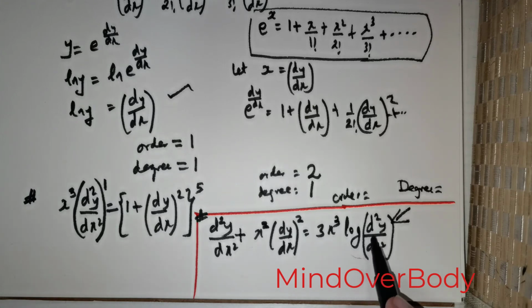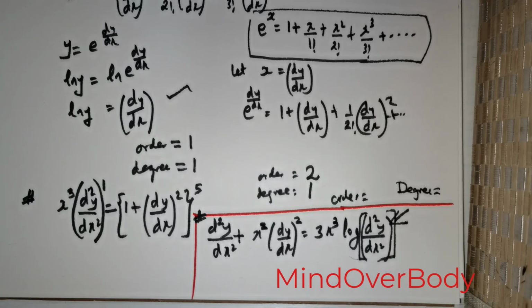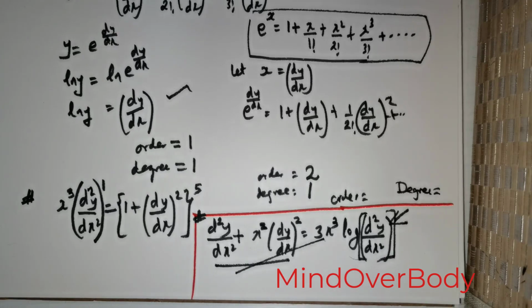So how are you going to do that? Because the logarithmic function is directly covering the differential operator d squared y over dx squared, at the most what you can do is move this 3 times x cubed down as a denominator. That's it.